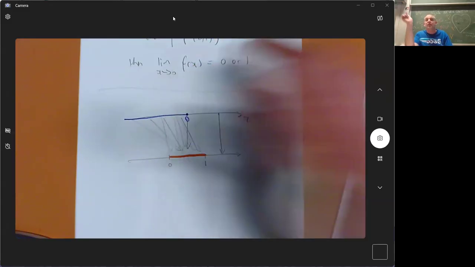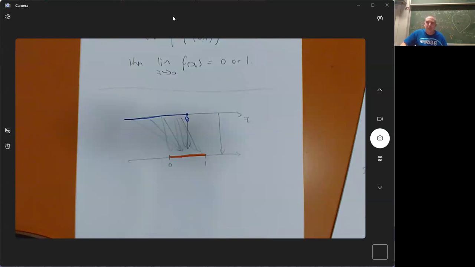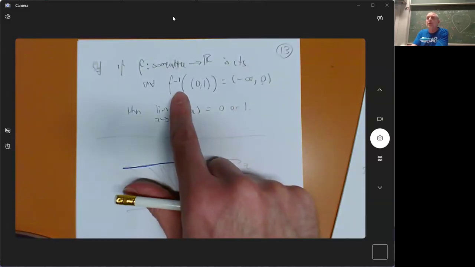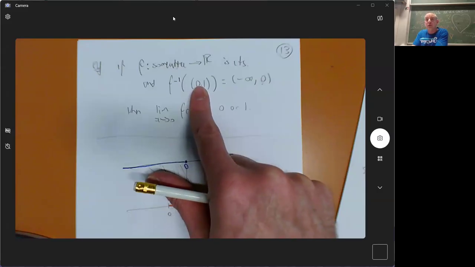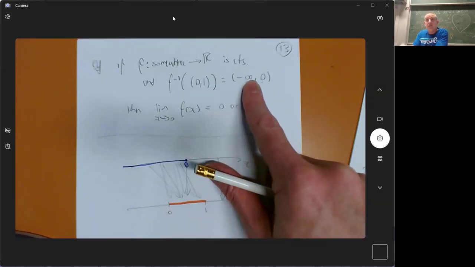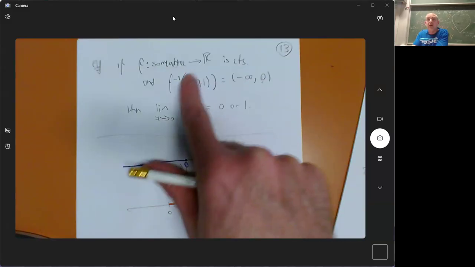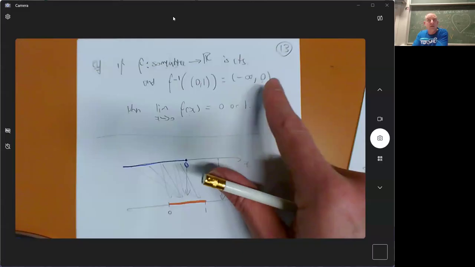No, it wouldn't. That's not how pre-images work. So just want to check something. This is called a pre-image, right? So if I put a set here that the function doesn't produce any answers for, this would produce an empty set. Like if the function produced no answers in this place, the pre-image would be the empty set.